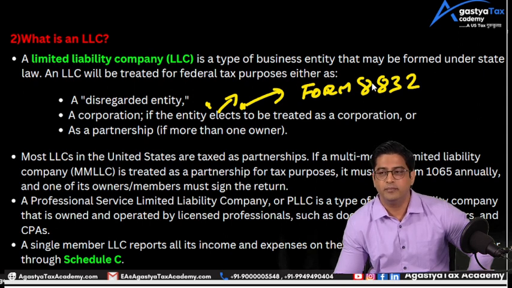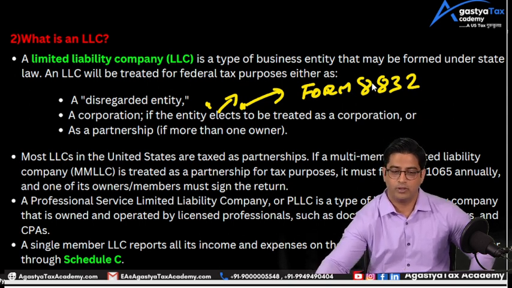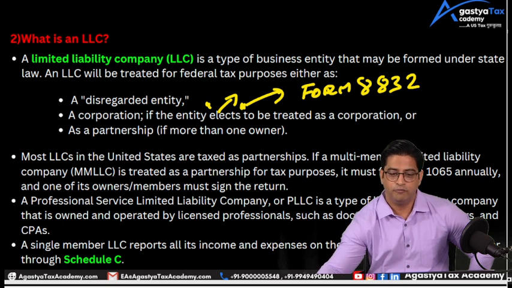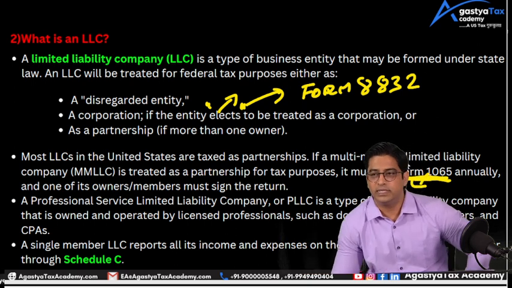it must file Form 1065. 1065 is for partnership. It must file Form 1065 annually.